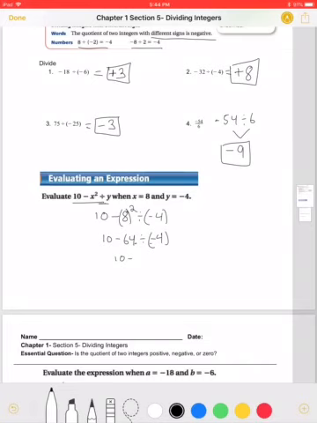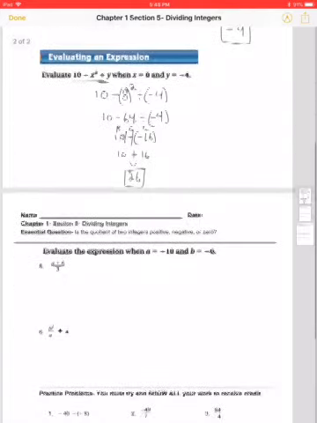That's a positive divided by a negative, which is a negative. And that's going to give me negative 16. Okay. So now I have 10 minus negative 16. I have a subtracting problem, so I need to do KCC. So I keep, change, change. 10 plus 16 ends up with 26, and that's going to be my answer.